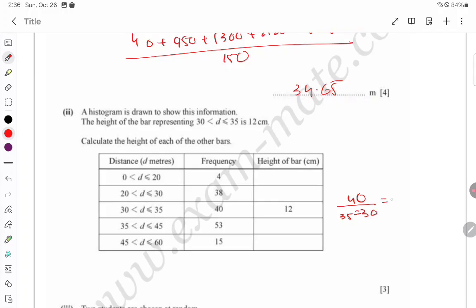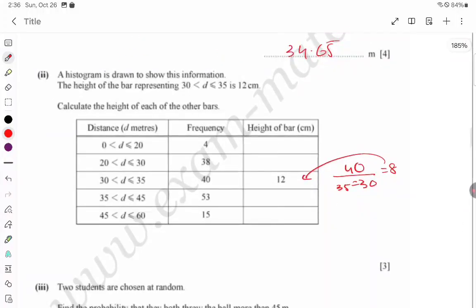It will give you 8, but the height is not 8 given, it is 12. So is it wrong? No. Now what we can do is divide this given height by the height we calculated, 8. It will give you the answer of 1.5. That means that each height is enlarged by the factor of 1.5.